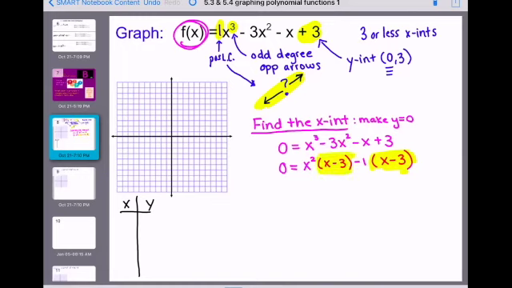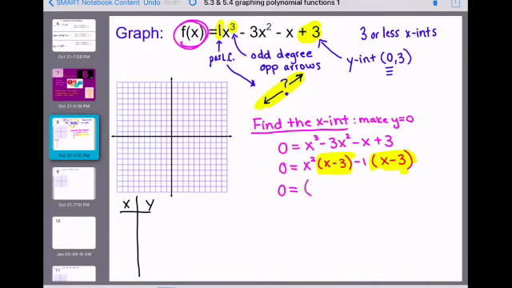When you do grouping method, those two bubbles must be the same to keep going further with this question. If you have one bubble that's x plus 3 and one bubble that's x minus 3, grouping method doesn't work. You stop, you either made a mistake or grouping method doesn't work. They have to be the same, okay? So my bubbles are the same.